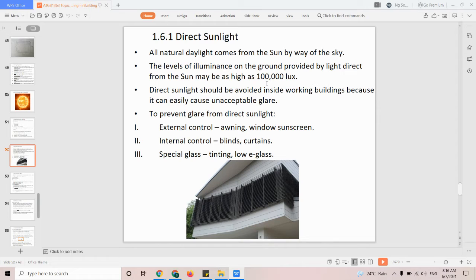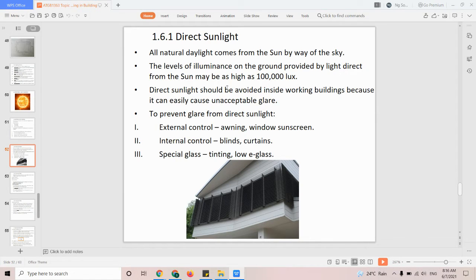So maybe one day when you are reading a book outside using sun, you'll notice an example where the book, because of its white surface, is very glaring. So maybe one day when you're outside, you'll be able to encounter this sort of situation lah. So this is due to the sun being very bright and making you unable to read a book outside.